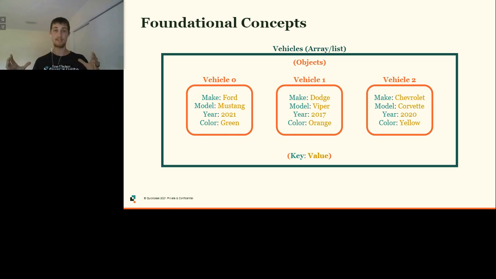So in this case, we've got the vehicles table with 4 fields: make, model, year, and color. And then we've got 3 records within that vehicles table: vehicle 0, vehicle 1, vehicle 2, Ford Mustang, Dodge Viper, and Corvette.